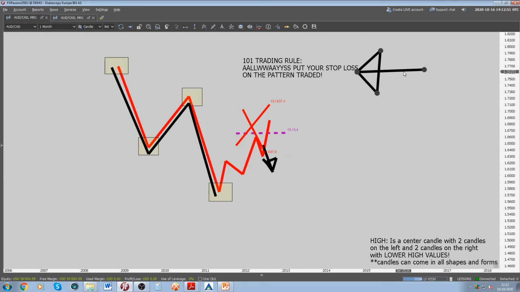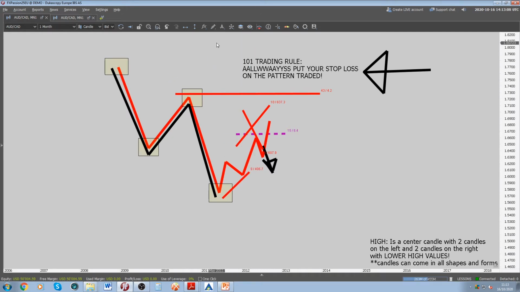Okay, always put your stop loss on the pattern traded. So this is the stop loss, and this is an okay stop loss. Why? Because if the market stops us out and violates the pattern high, it's okay.